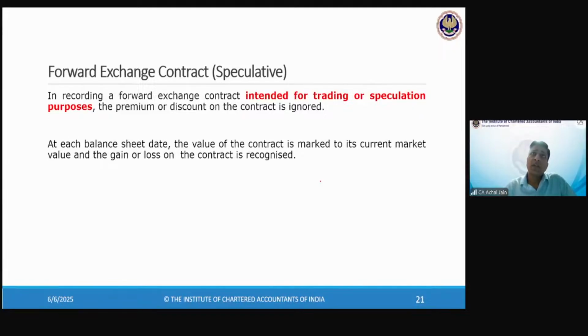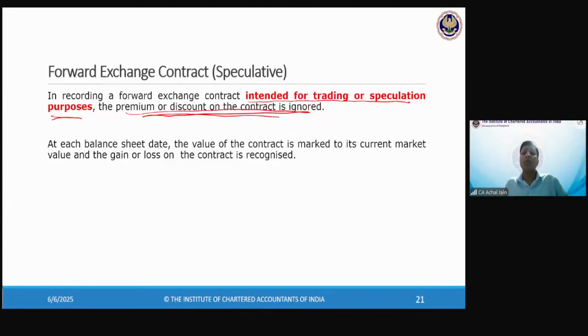Now, in case the forward exchange contract is the one which is intended for trading or speculation purposes, in that case, any premium or discount on the contract is ignored. So ignore that. At the balance sheet date, what do you do? You will have to compute the fair value of the contract.